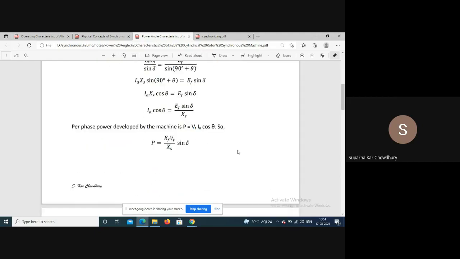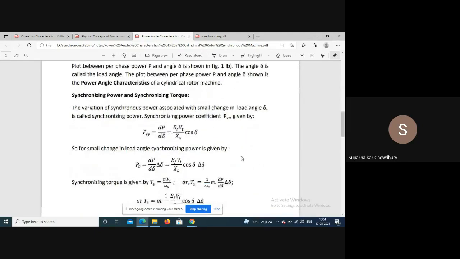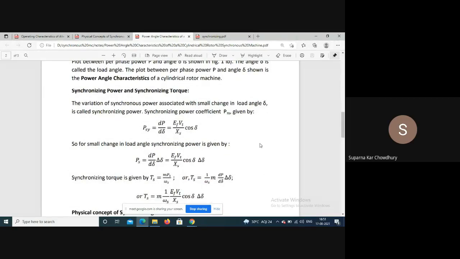Now we define synchronizing power and synchronizing torque. What is synchronizing power? A variation of synchronous power associated with a small change of load angle or power angle delta is called the synchronizing power.